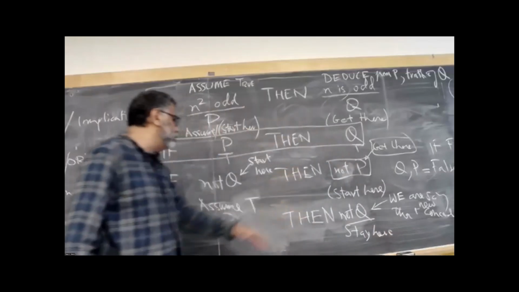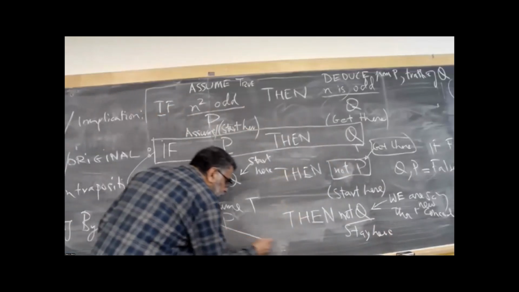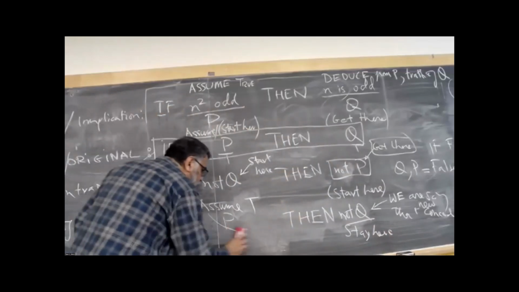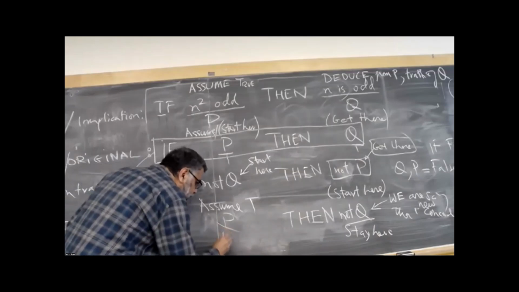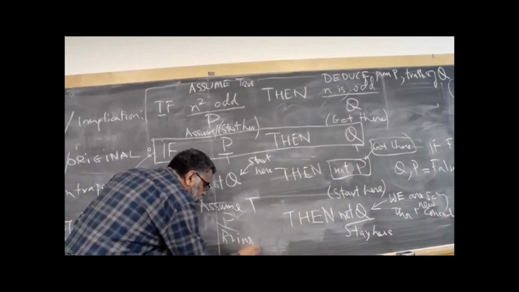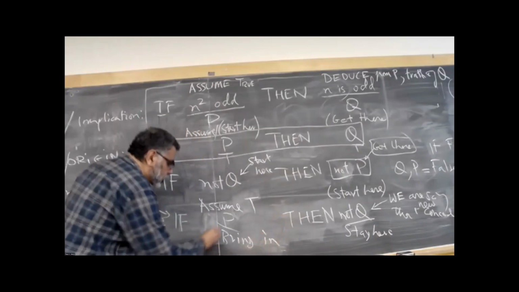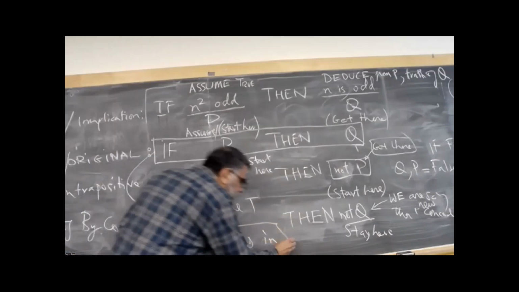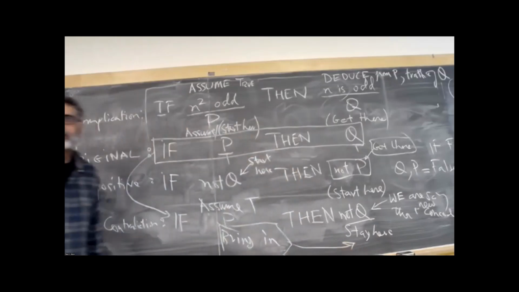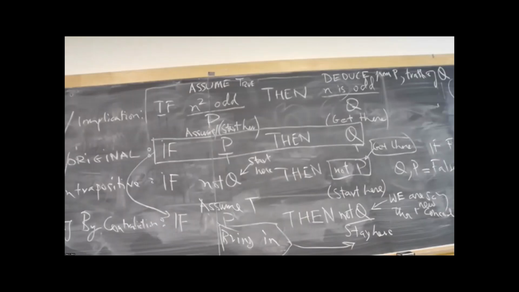But at a certain point, we bring this in. So this is what we do. Bring in at a certain point in the proof. And when we bring that in, what happens?